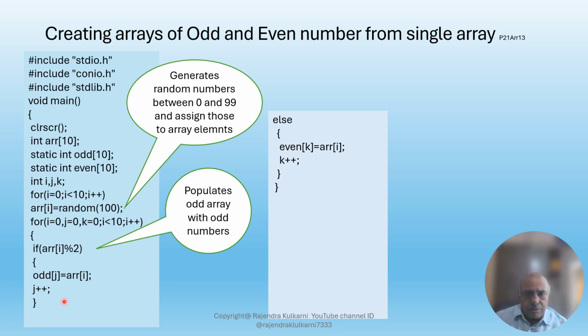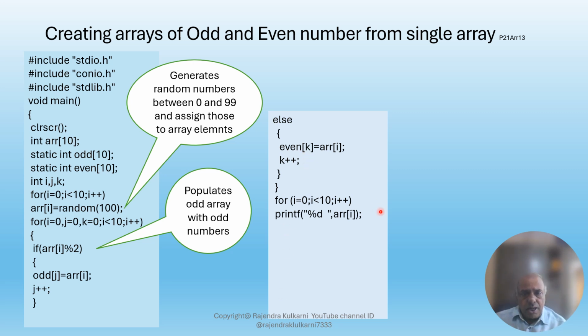If the expression arr[i] mod 2 evaluates to 0, it means the value stored in that particular location of the array is even, and that will be stored in the array named even.